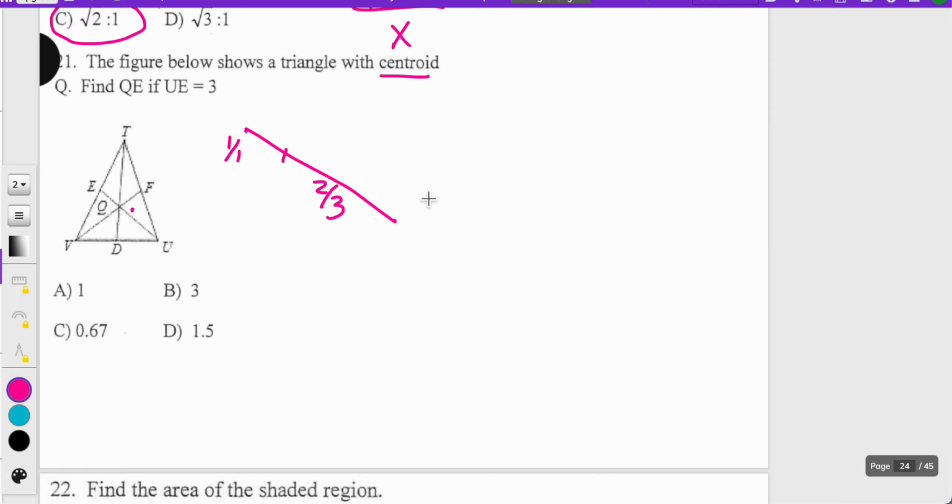So if UE is separated into 3 separate parts, QE would just be 1/3 of that, which is 1, letter A. Okay.